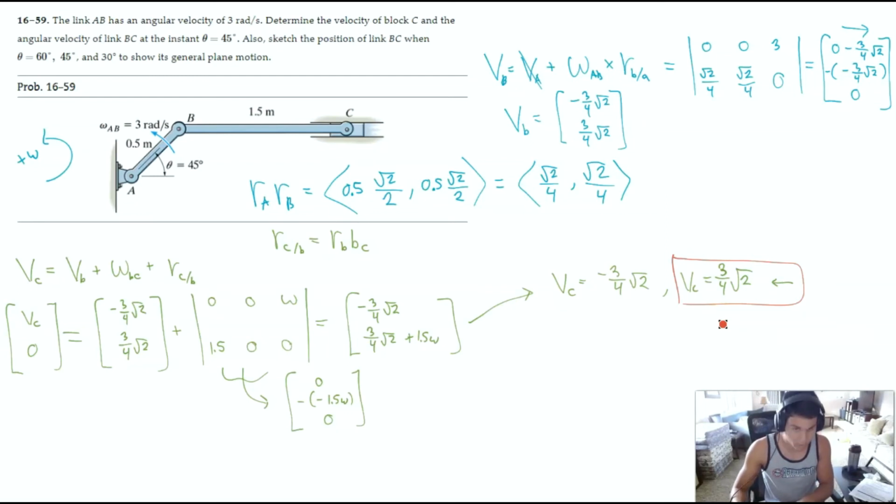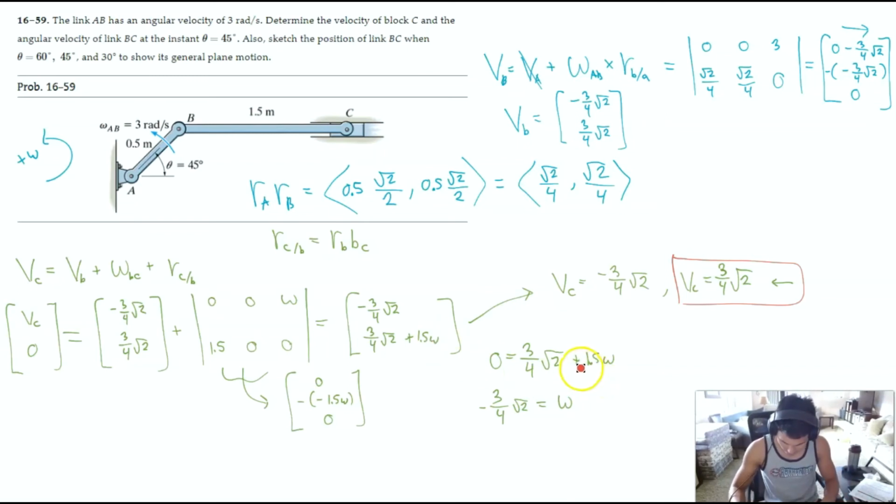Okay, and then you can solve for omega now. So you'd see that 0 is equal to 3 over 4 square root 2. And again, I'm just solving horizontally here. That's why I like doing this method. You get to solve horizontally and vertically really nicely. Plus 1.5 omega. So we can see this is going to be negative 3 over 4 square root 2, and it's going to be equal to omega. And then 1.5 is 3 over 2.